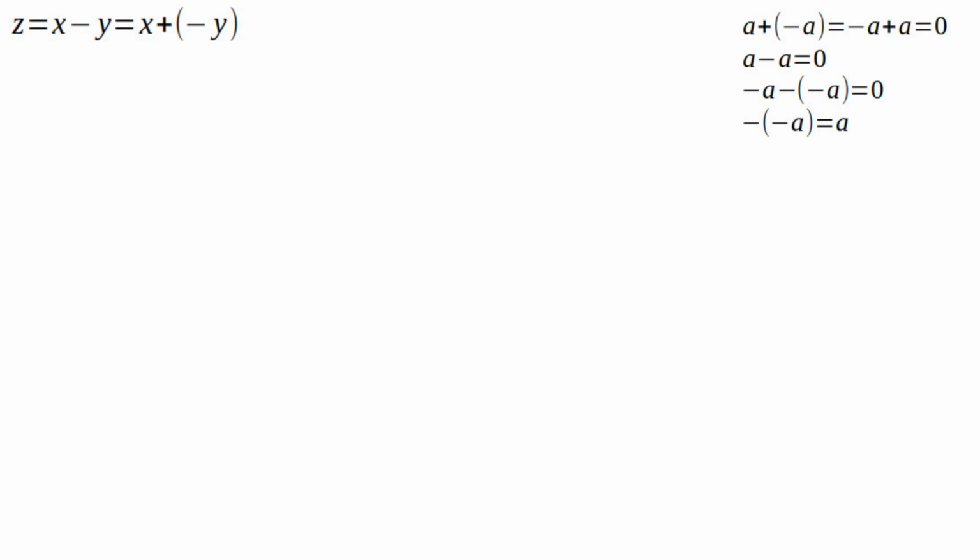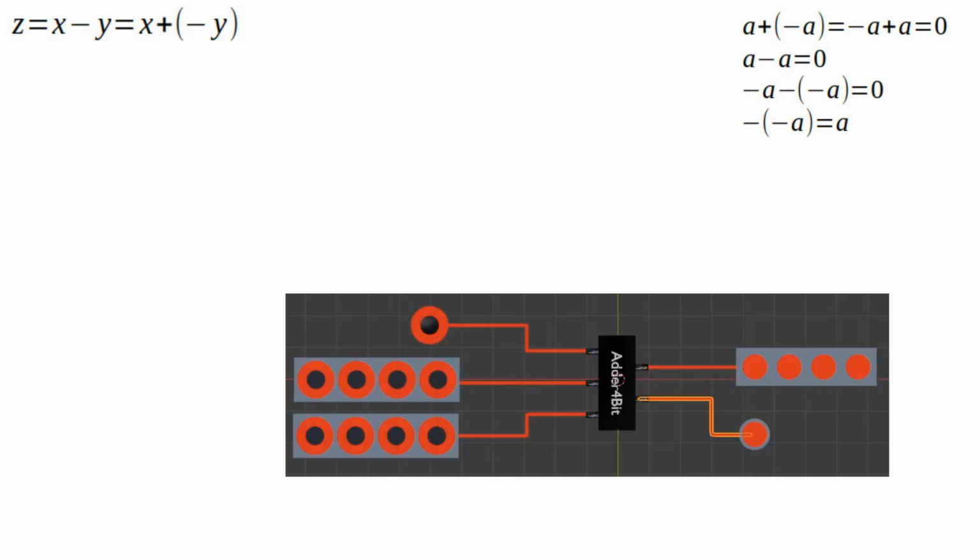To do this, let's first look at some well-known calculation rules. In order to be able to define the negative values, we can try it out. We build this circuit and find the appropriate value to satisfy the first equation.